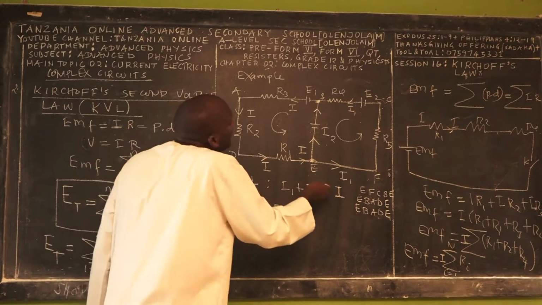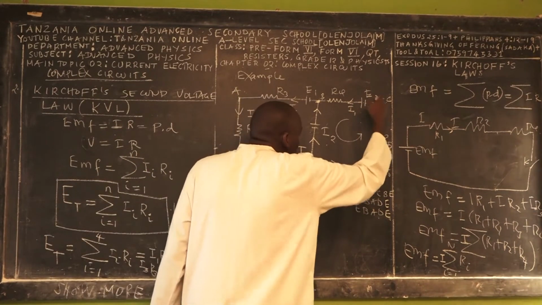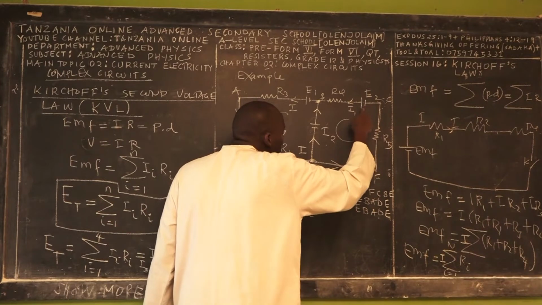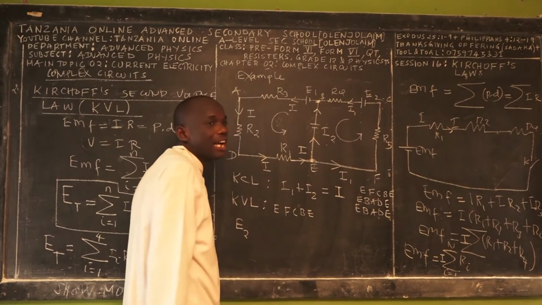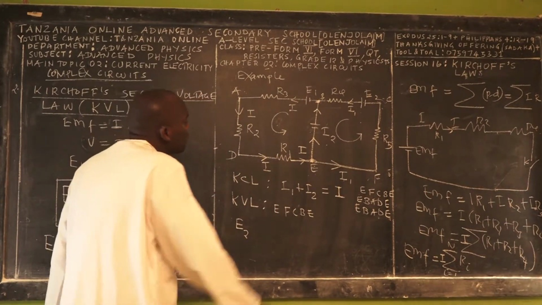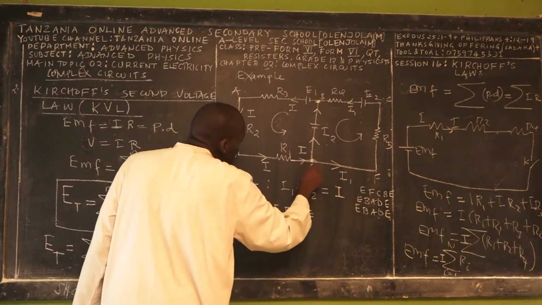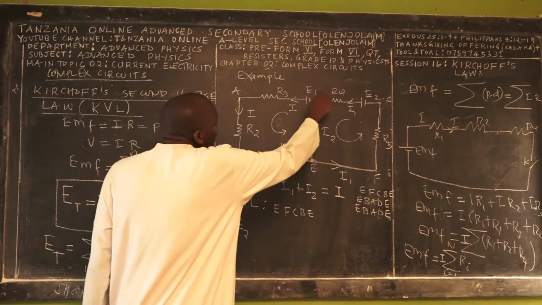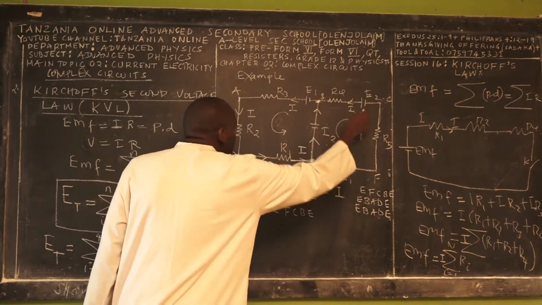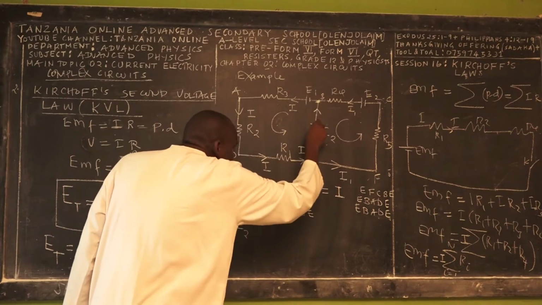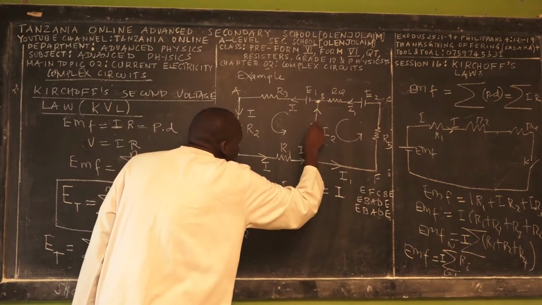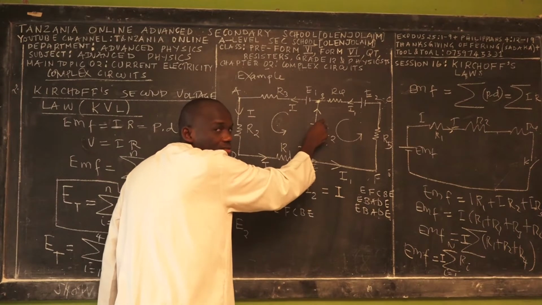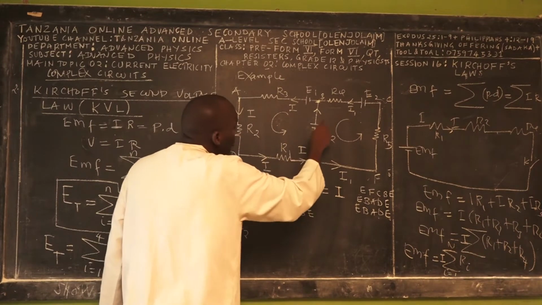The next one. Is the flow of current the same as the electromotive force? Yes, because this is positive and this is the direction of current. Do we have any cell between B and E? Yes. But when I chose this loop, it means I'm going in the opposite direction to the current driven by this cell. Are we together? So what is the name of this cell?